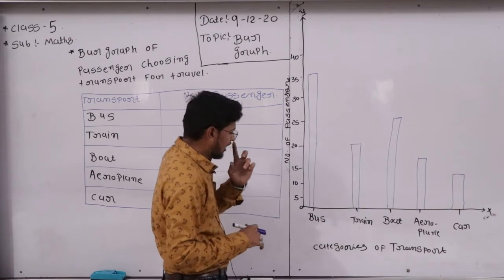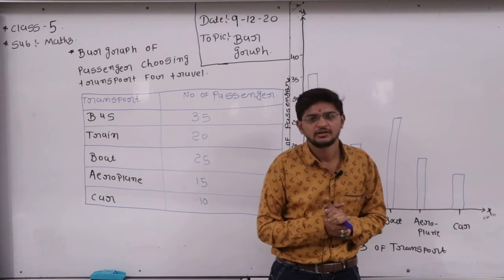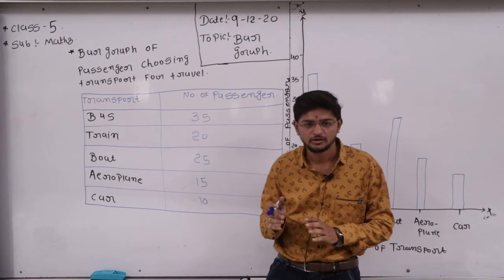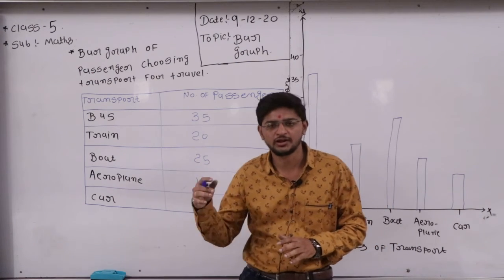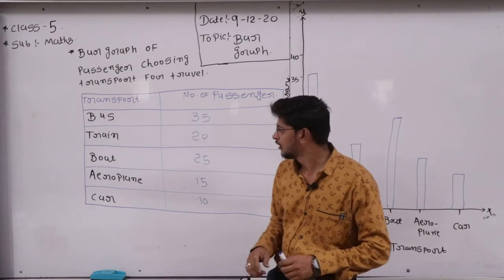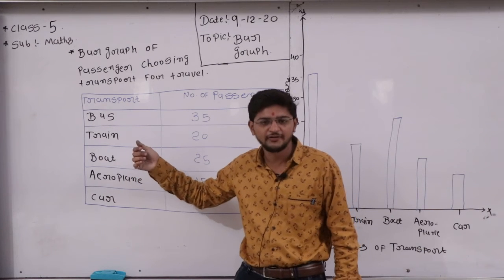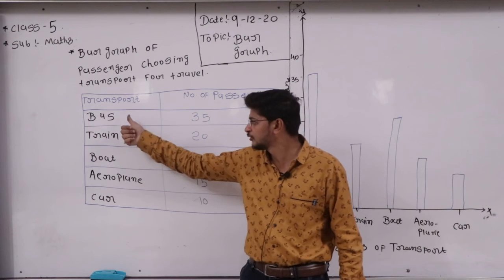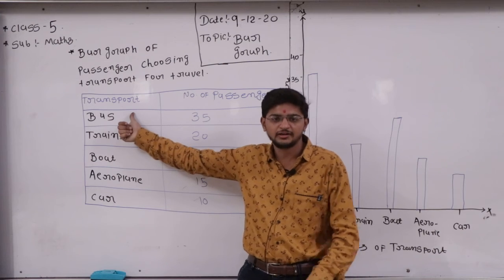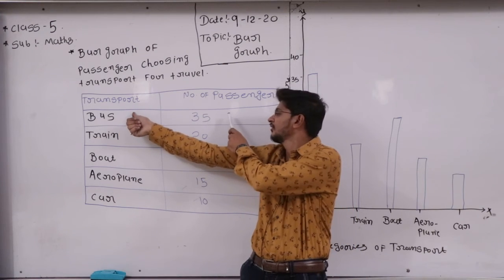First question is how many passengers choose a bus for traveling from one place to another place. So what we do, we go to the table and see where our bus category is. You can see here and find how many passengers, 35.